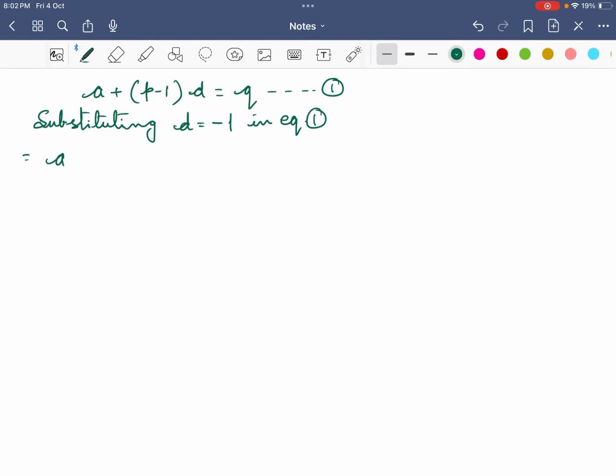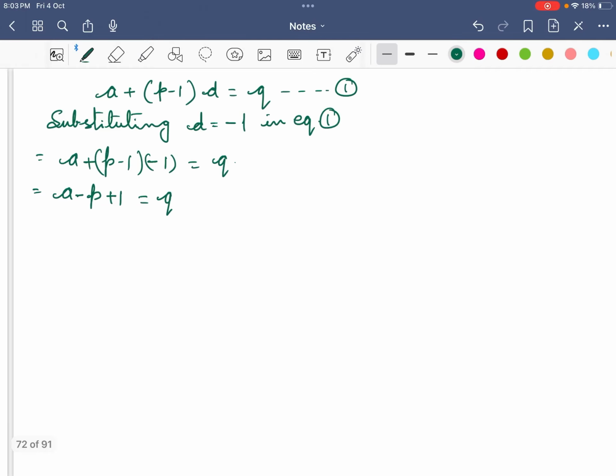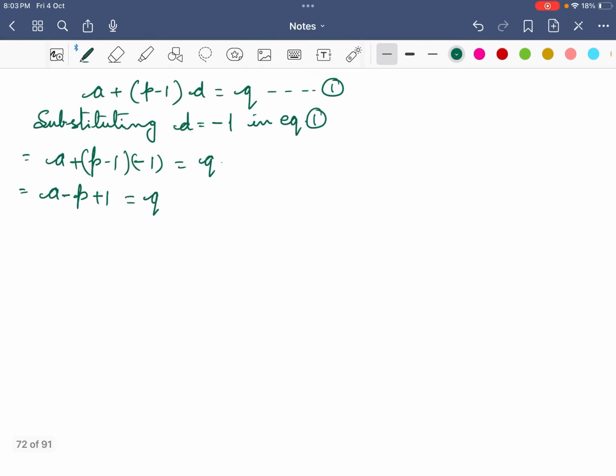That is equal to a plus p minus 1 into minus 1, that is equal to q. If I multiply it with minus 1, I will be getting a plus p minus 1, that is equal to minus p, and minus 1, that will be plus 1 is equal to q, right? I will be getting a minus p plus 1 is equal to q.